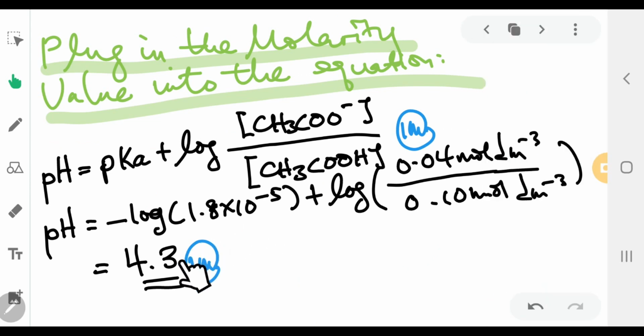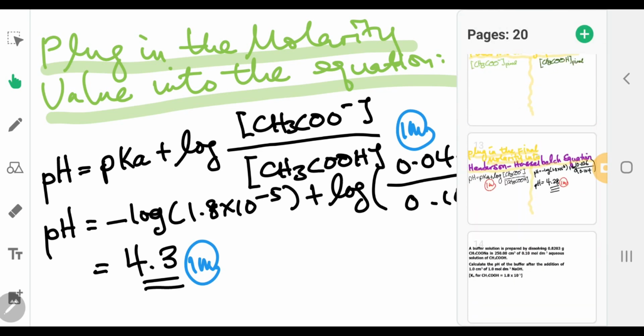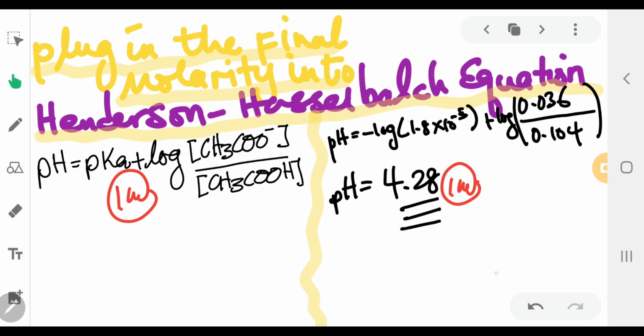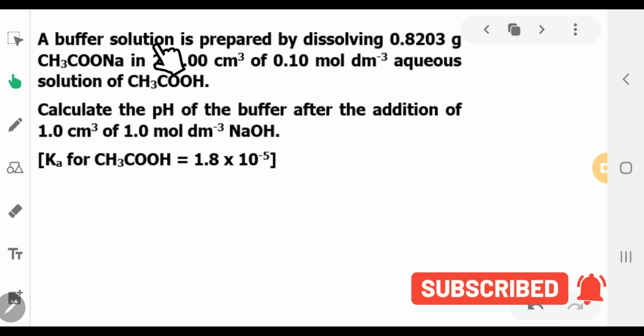This is the pH when you don't add a small amount of strong acid. And when you look at after you have added a small amount of strong acid, the change is pretty small. It's about 4.28.